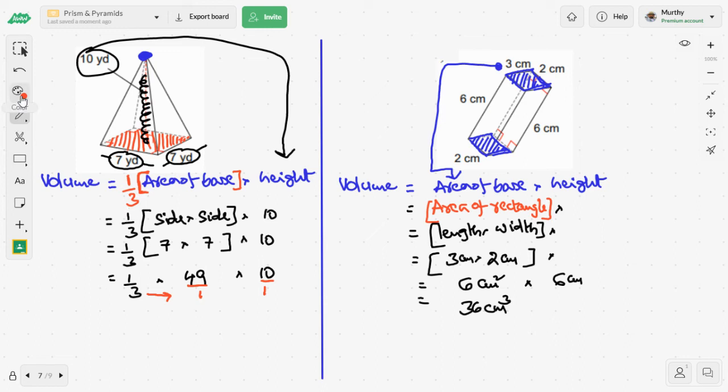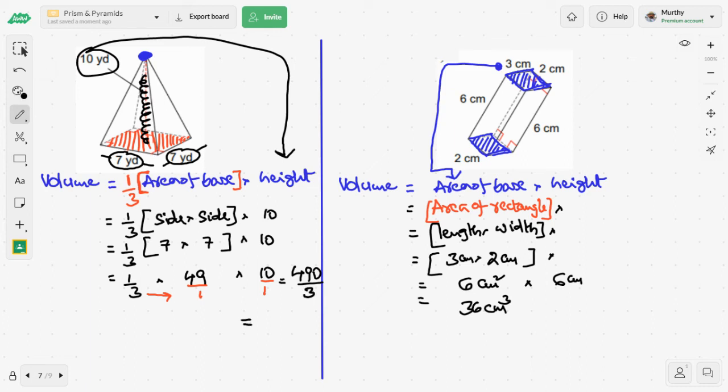Therefore, when you multiply the numerator, it is 1 times 49 times 10. 1 times 49 gives 49, 49 times 10 is 490, over denominator 3 times 1, which is 3. Therefore 490 over 3.